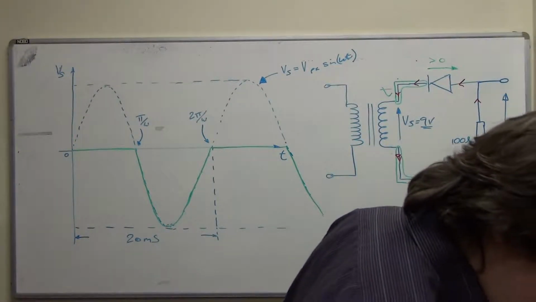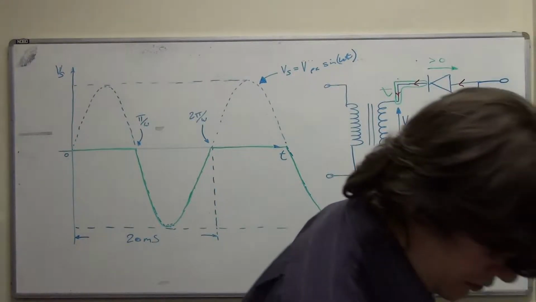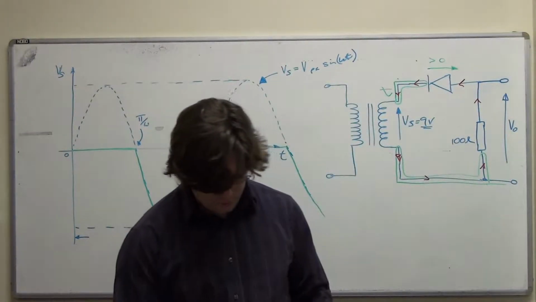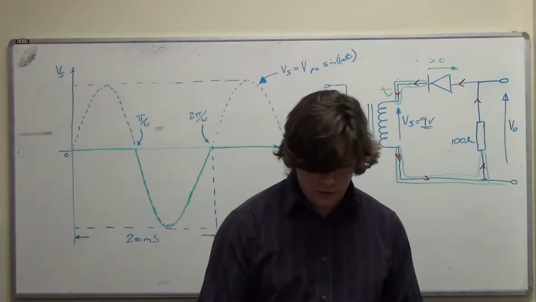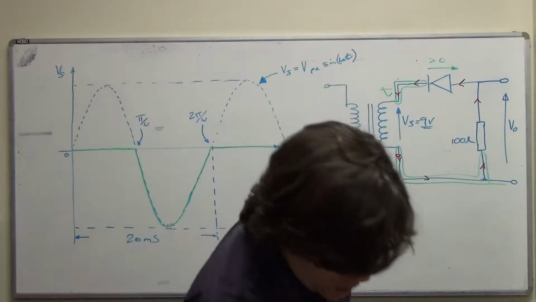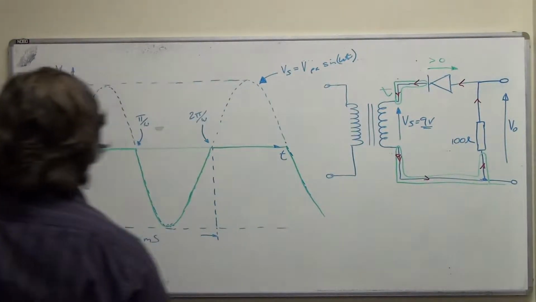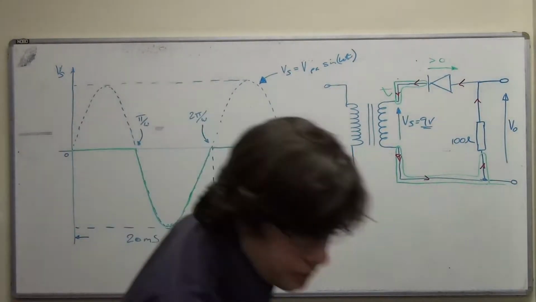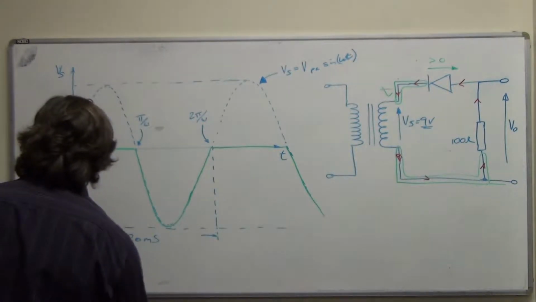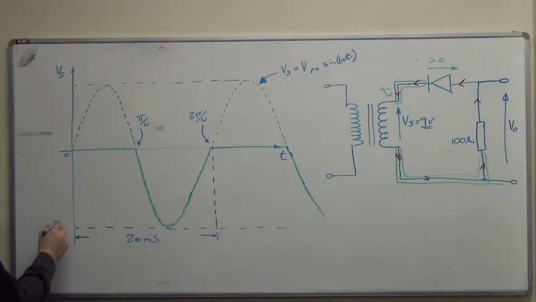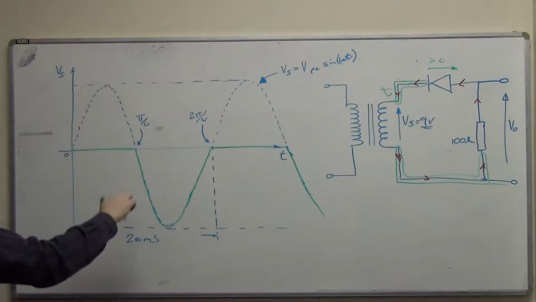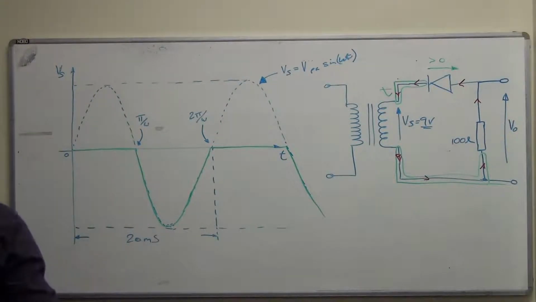So the next thing it asks us to do is, what is the peak value of VO? Okay, well, VO is in green, so I'll do this in green. And the peak value is just here, and we've got an expression for this, it's V peak sine omega t, and the sine omega t bit does the shape, and the V peak is the bit we're interested in, so this is actually minus Vp.